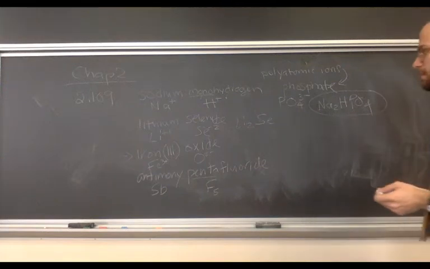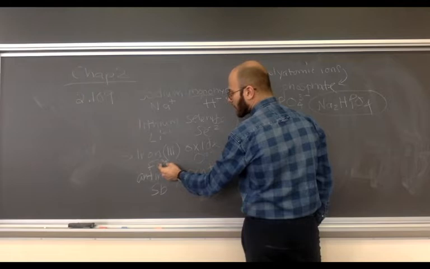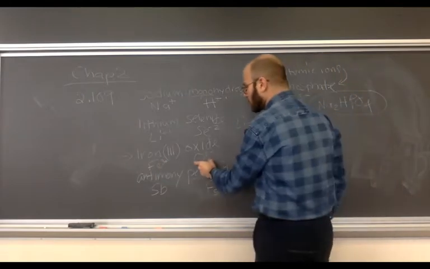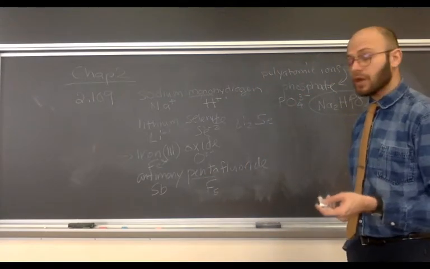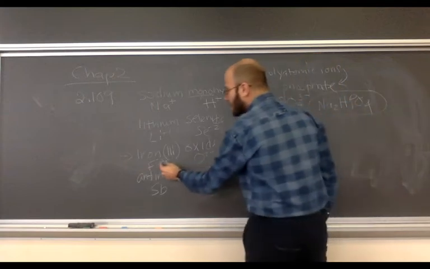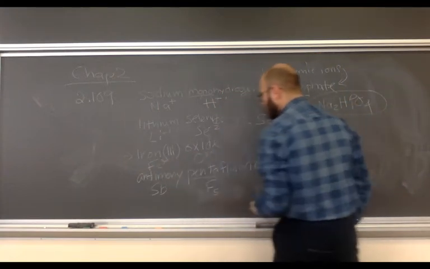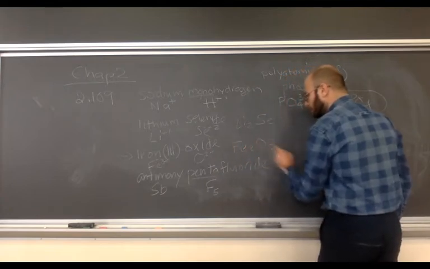We'll see that math reappear again in our iron oxide example. We know that we want a 3+ charge balanced out by a 2-, but we can't just have 1 or 2 of each of these, right? Because we need to get to sort of a lowest common denominator. One trick is that you have this many numbers, or 3 of the oxygens and 2 of the irons, and so we'll see if that balances out. Fe2O3.